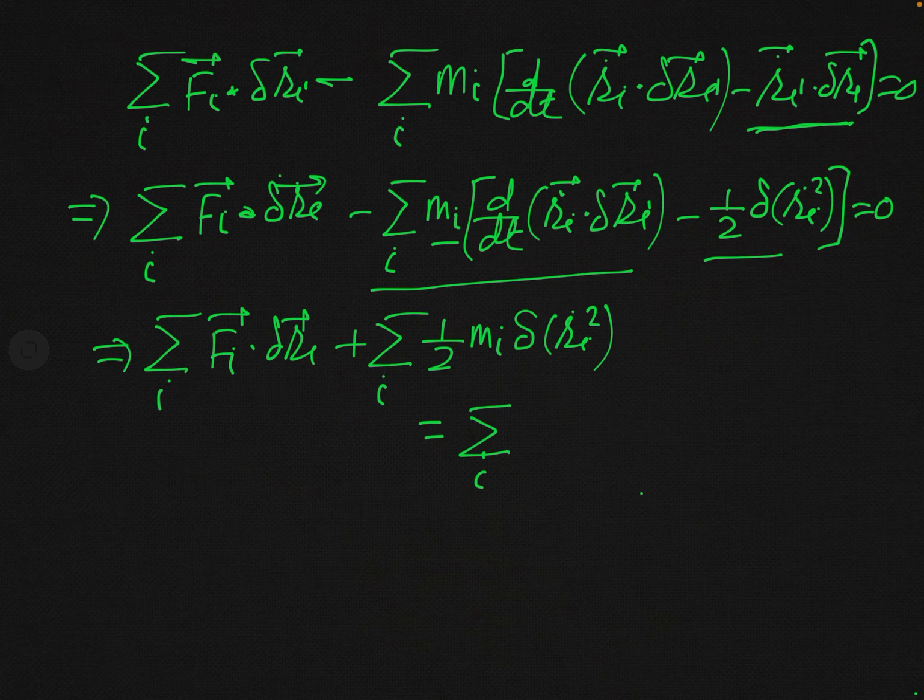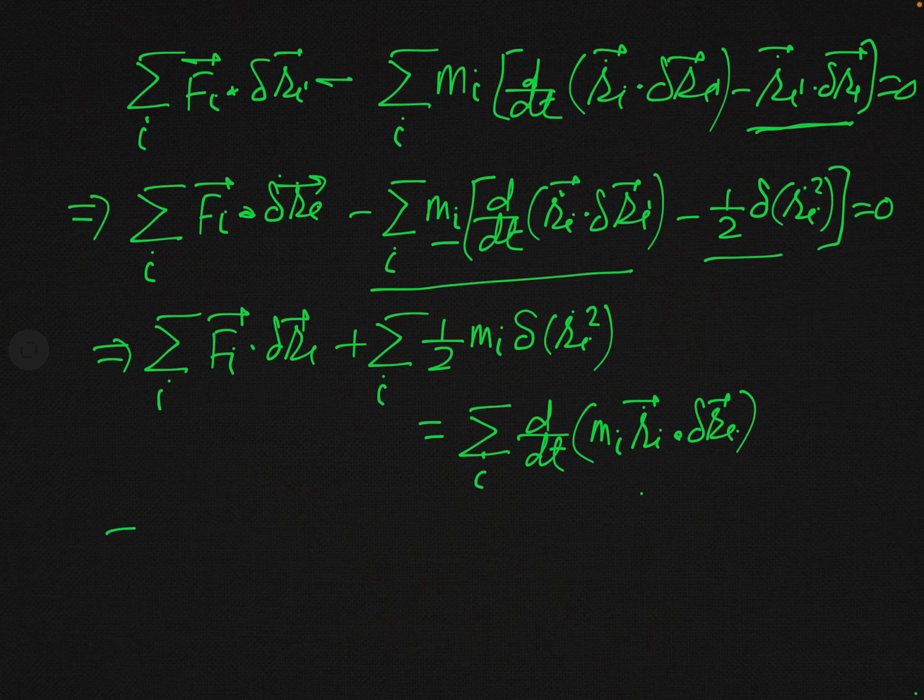So we can write it summation over i d/dt of mi ri dot delta ri. You can write it.